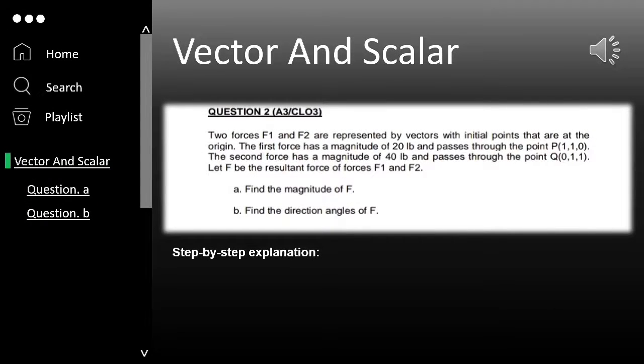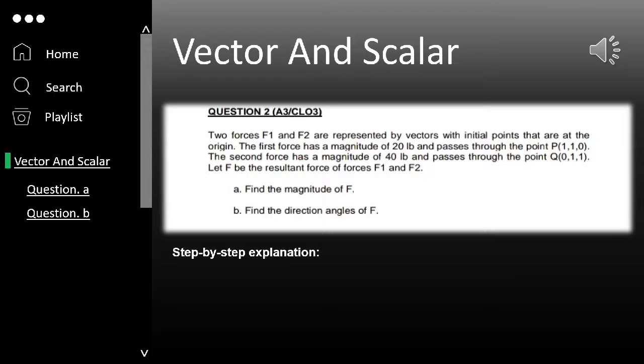Vector and scalar. Question 2. Two forces F1 and F2 are represented by vectors with initial points at the origin. The first force has a magnitude of 20 lb and passes through the point P(1, 1, 0).